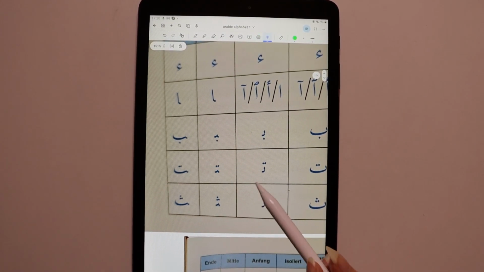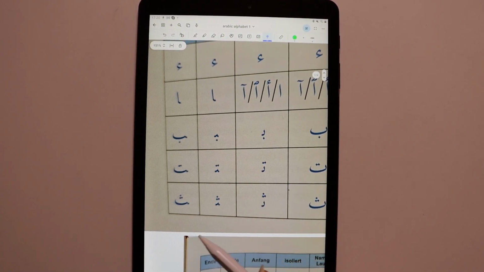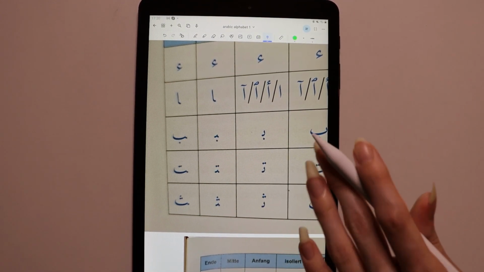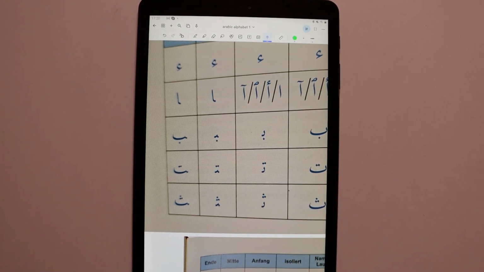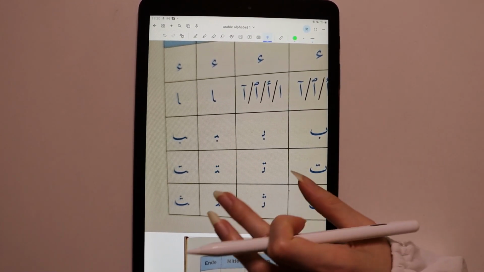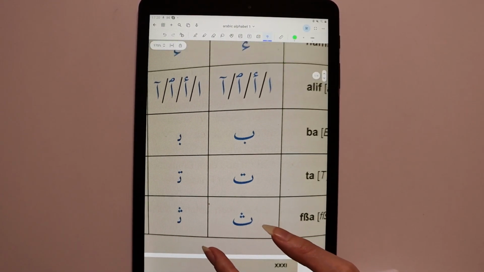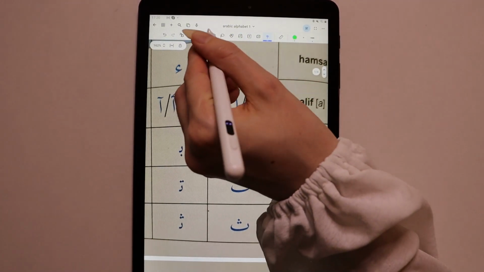So if it's at the beginning of a word, or not just at the beginning of a word, but also if it comes after a letter that can't be connected. As an example, actually we should first learn the alphabet, but I'm just going to tell you this real quick in the beginning.